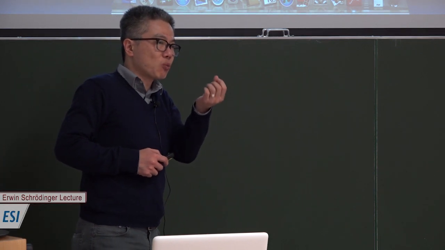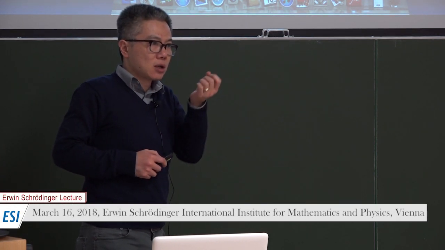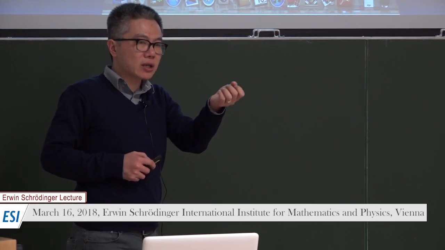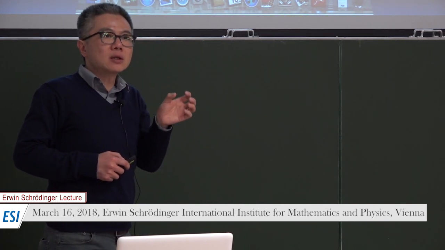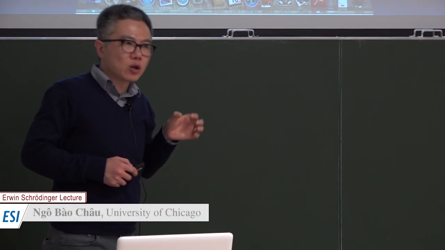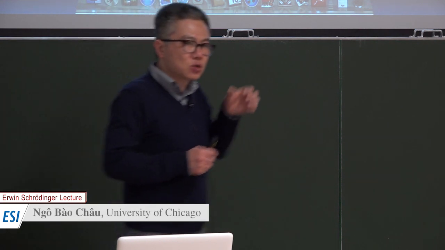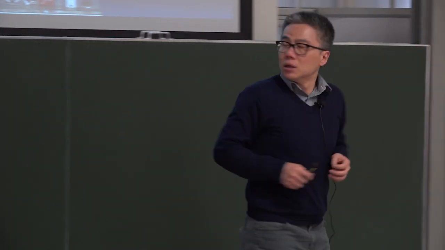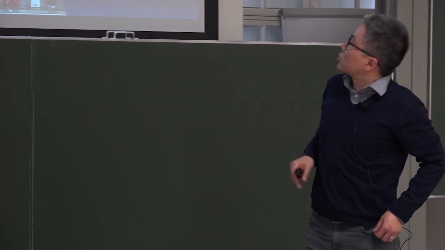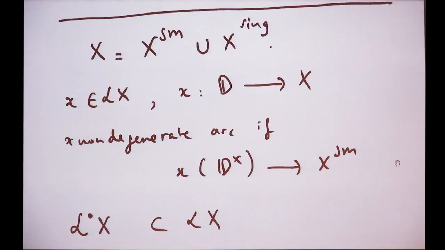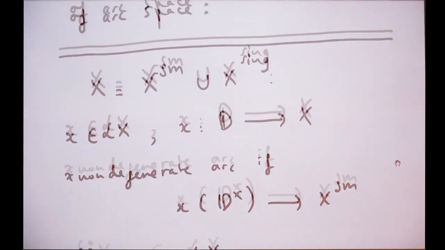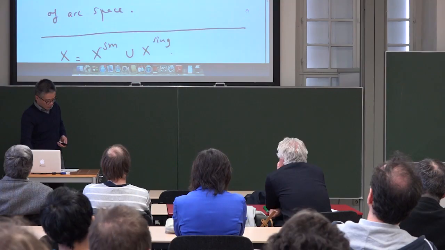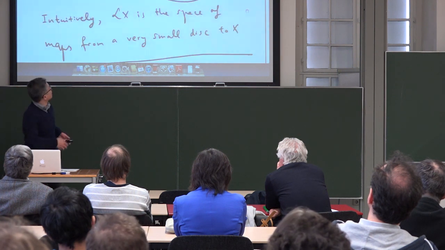So you can allow the zero point of the disk to go to the singular part of the variety, but I don't want the whole disk to go inside the singular stratum. That is called a non-degenerate arc. Let me have a picture here.